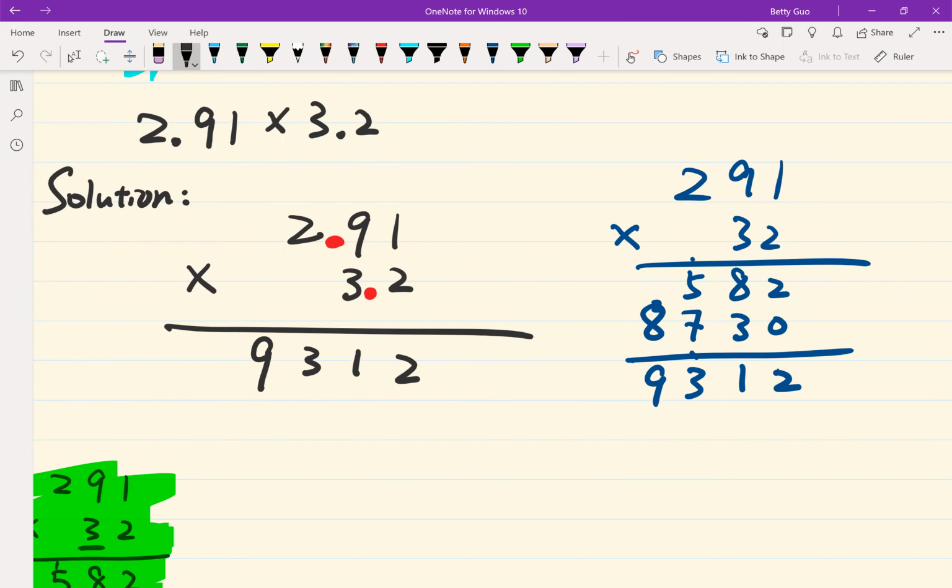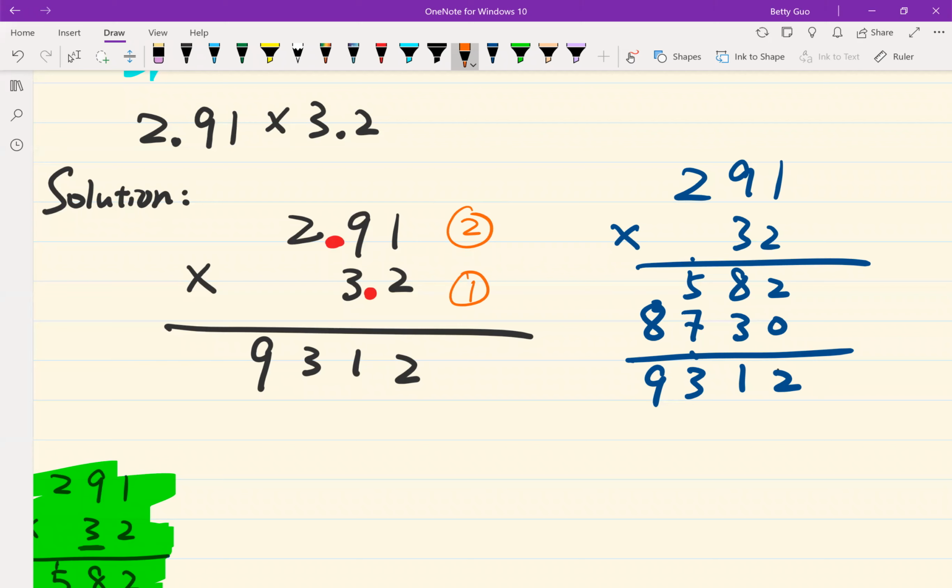Look at the first decimal, and tell me how many non-zero digits are to the right of the separator. 2, right? For the second decimal, 3.2, how many digits do we have to the right of the separator? 1, right?